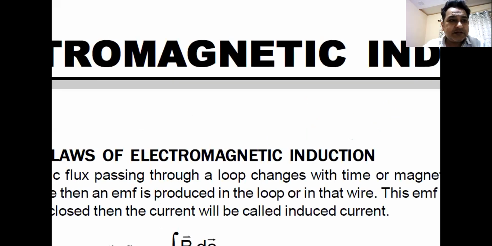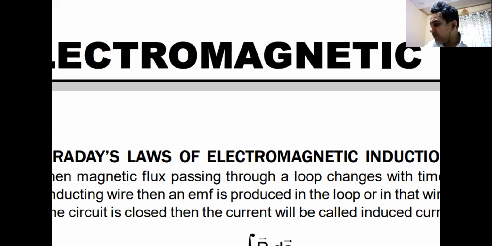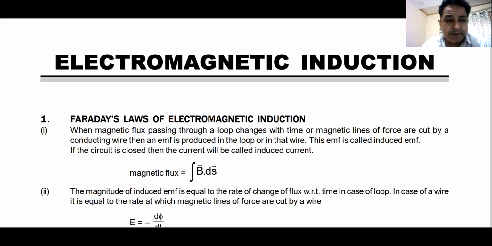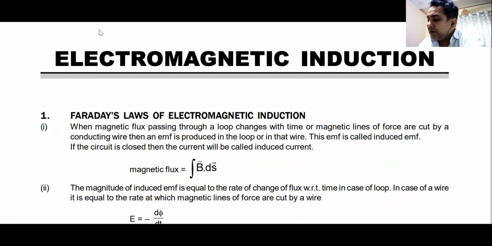And the basic principle is this, that whenever you have magnetic flux linked with a coil, and this magnetic flux linked with the coil changes with time, you have an EMF which is induced in the coil. The value of this induced EMF is always equal to negative of the rate of change of flux.